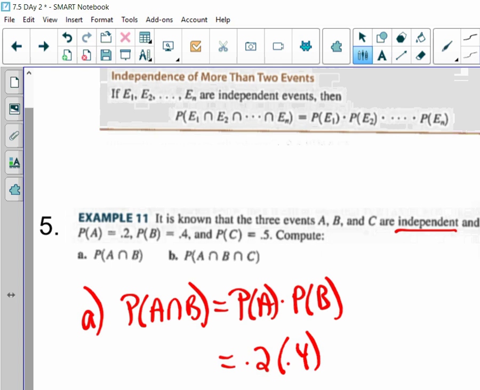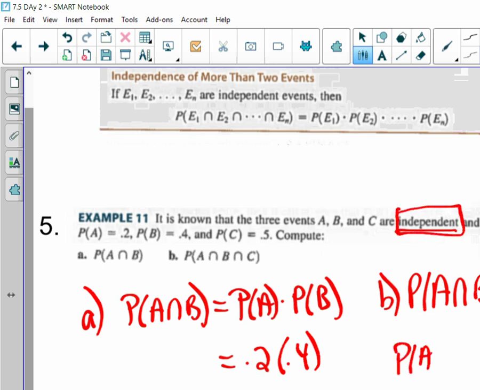Again, just using this formula, the probability of A intersect B intersect C, by definition, because we know it's independent, is the probability of A times the probability of B times the probability of C. So that's 0.2 times 0.4 times 0.5, which I believe is 0.04.